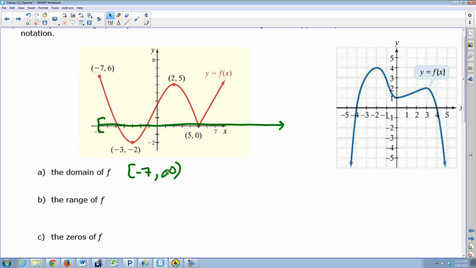We already did this, right? And what's the range of f? CJ? -2 to infinity. Okay, so we've covered those earlier. And the zeros we've covered, x equals -3 and x equals 5.